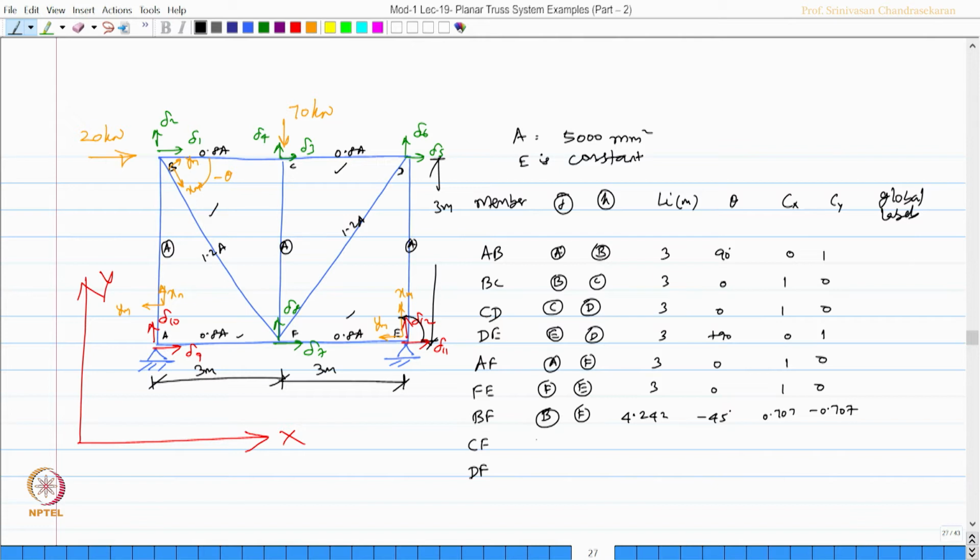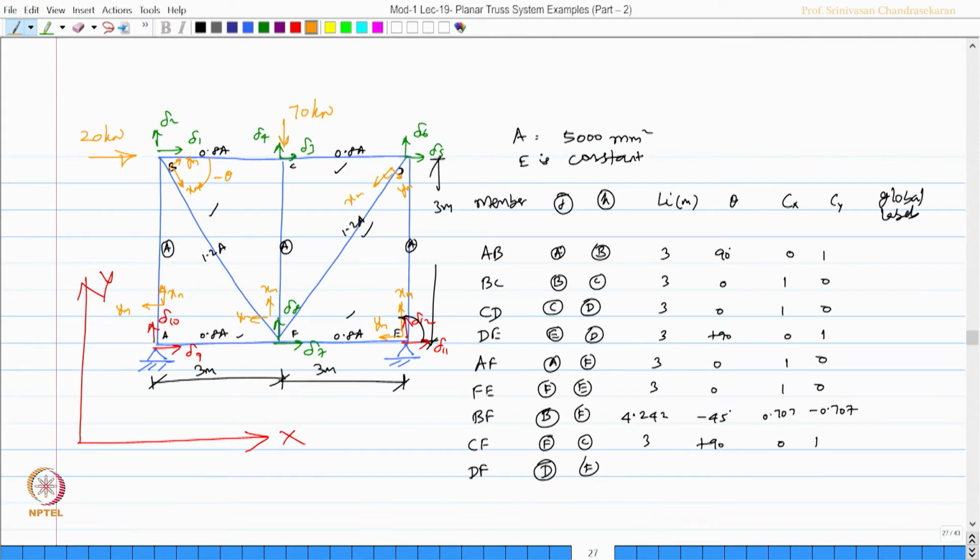CF is a vertical member. So, I should say F and C. It means the member is oriented in this manner. This is my XM and YM for this member. The member has the length of 3 meters, the angle is plus 90, that is 0 and 1. So, DF is the last member, which is at D and F. So, the inclination is this way, this is my XM and this becomes my YM.